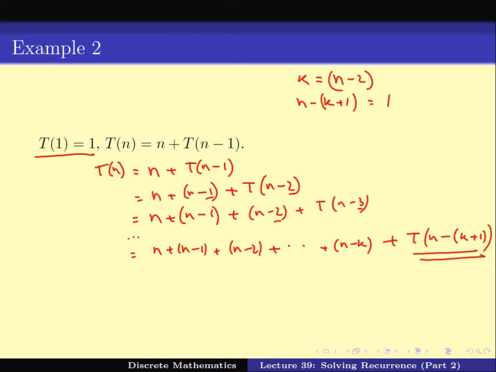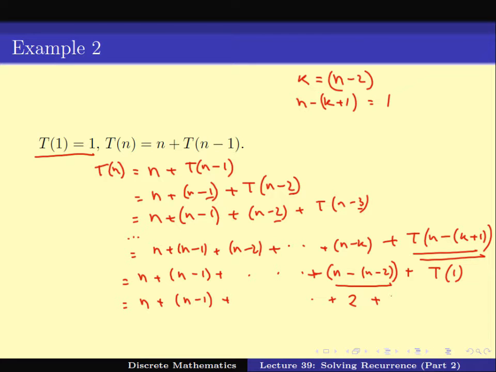So in that case, I keep on doing it, plus n minus k, which is n minus 2, plus T of 1. Now T of 1 equals 1, and this keeps on going, and this n minus 2 is nothing but 2, and T1 equals 1.